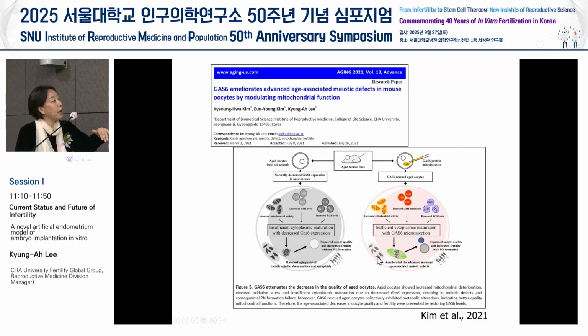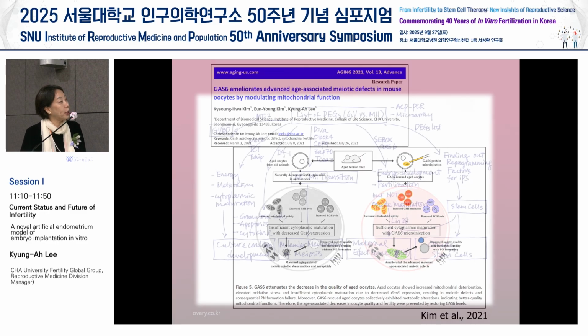So this kind of therapeutic injection of the target genes could recover the aging. However, the oocyte is also very important as a germ cell, so it is experimental at this moment.